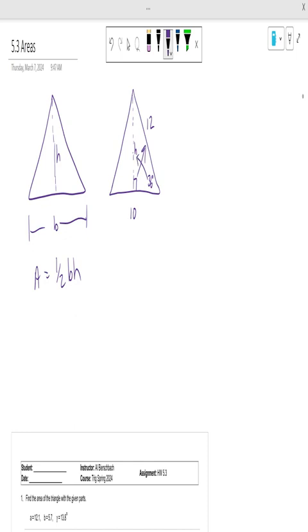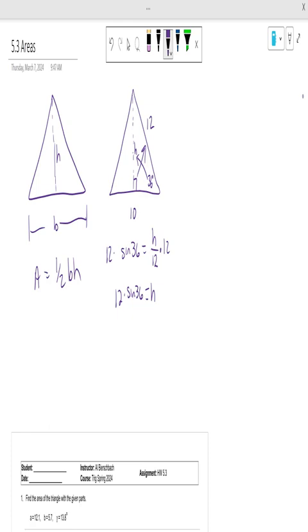Opposite over hypotenuse is what trig function? So the sine of 36 equals the height over 12, right? Because the sine of your angle equals opposite over hypotenuse. So if you multiply both sides by 12, the height equals 12 times the sine of 36.